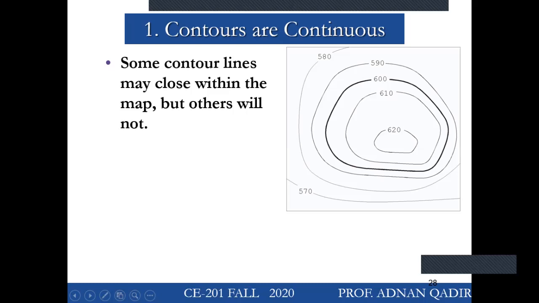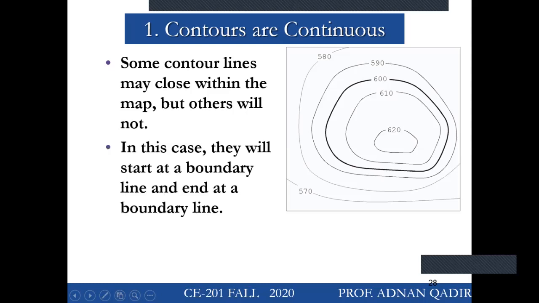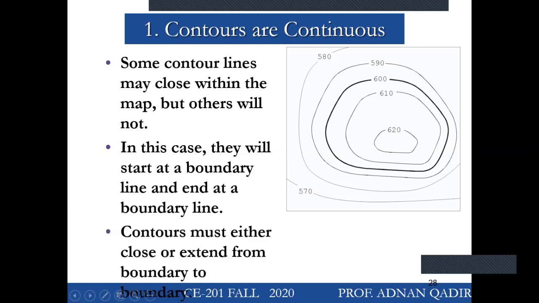So when we say contour lines may close, may not close, in this case, they will start at a boundary line. This 570 started at the boundary line on the left side, and it stops at the boundary line on the right side. Contours must either close or extend from boundary to boundary.